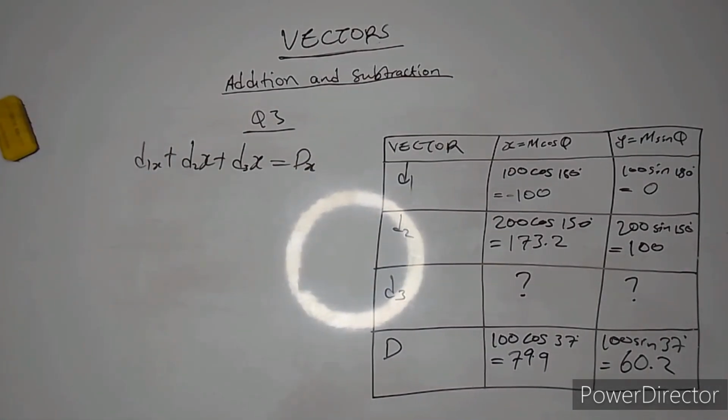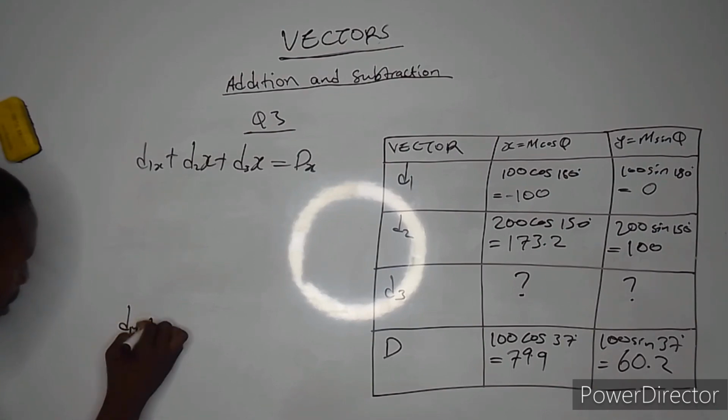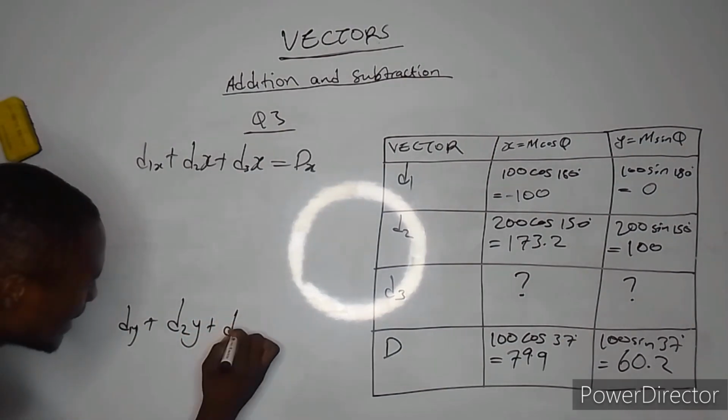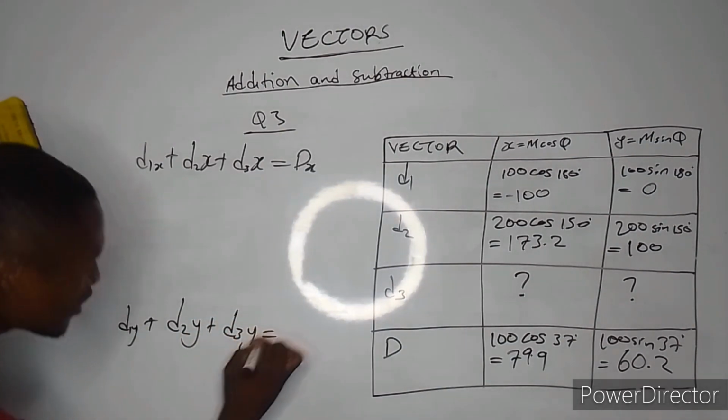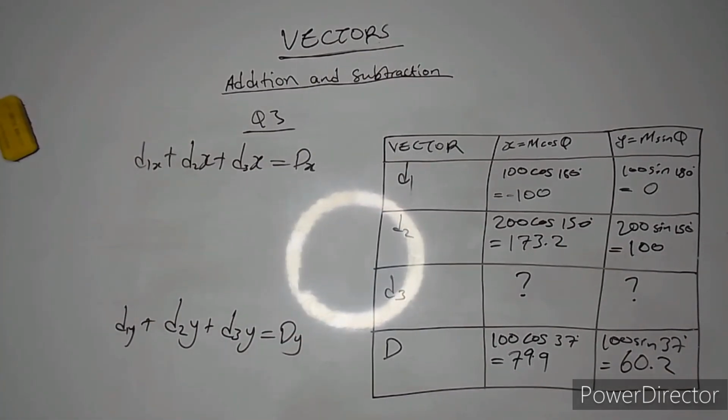Then for y components, d1y plus d2y plus d3y, which is going to give us dy in general. Okay, this is how it is going to be.